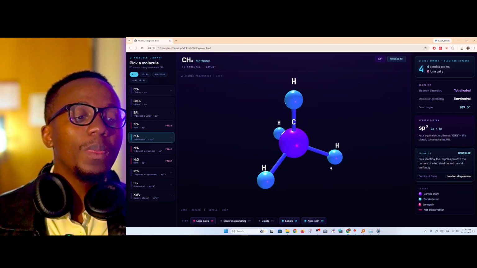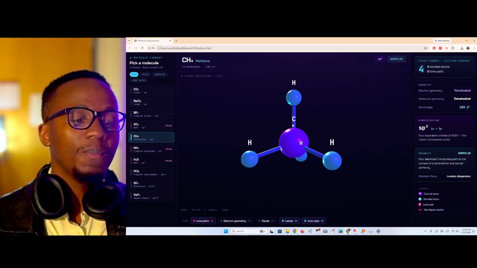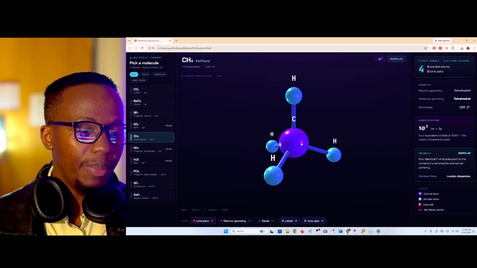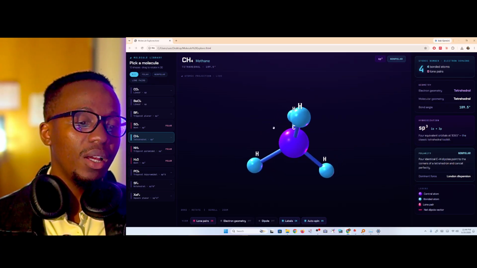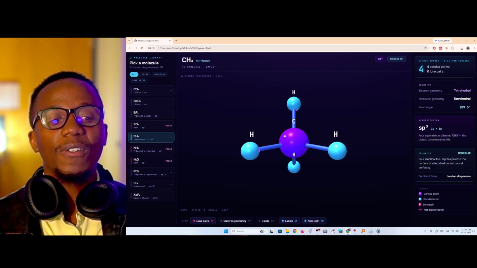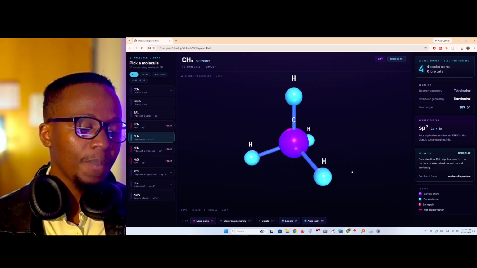You see, this is the three-dimensional structure. This is CH4, right? But you see that this is a geometry. It's a 3D geometry. Chemicals in nature occupy 3D space.